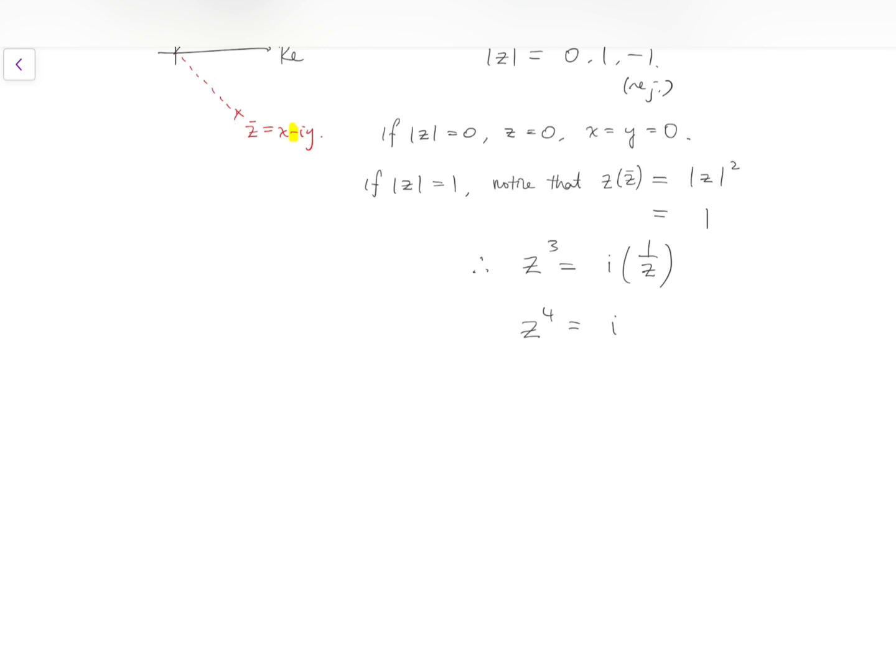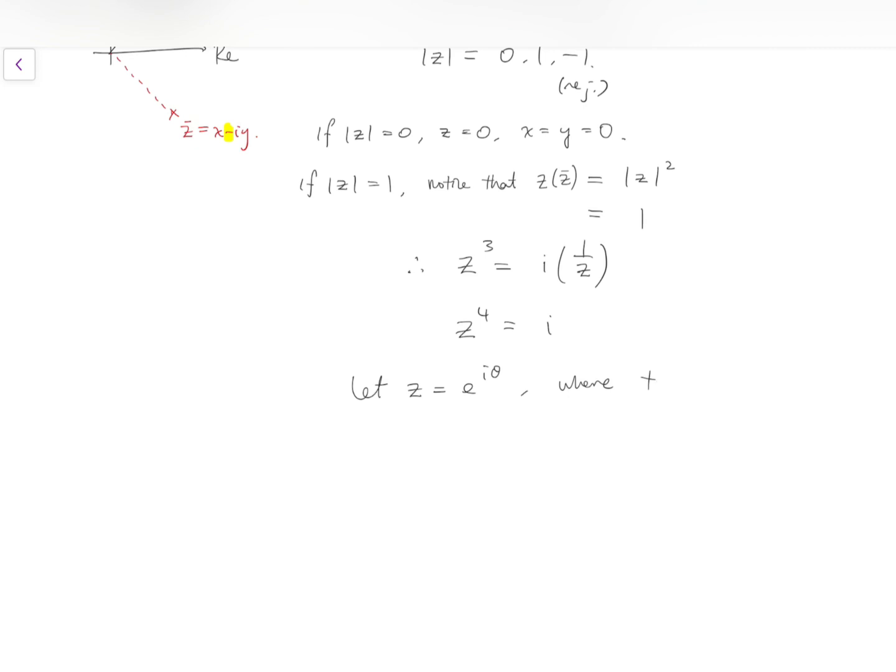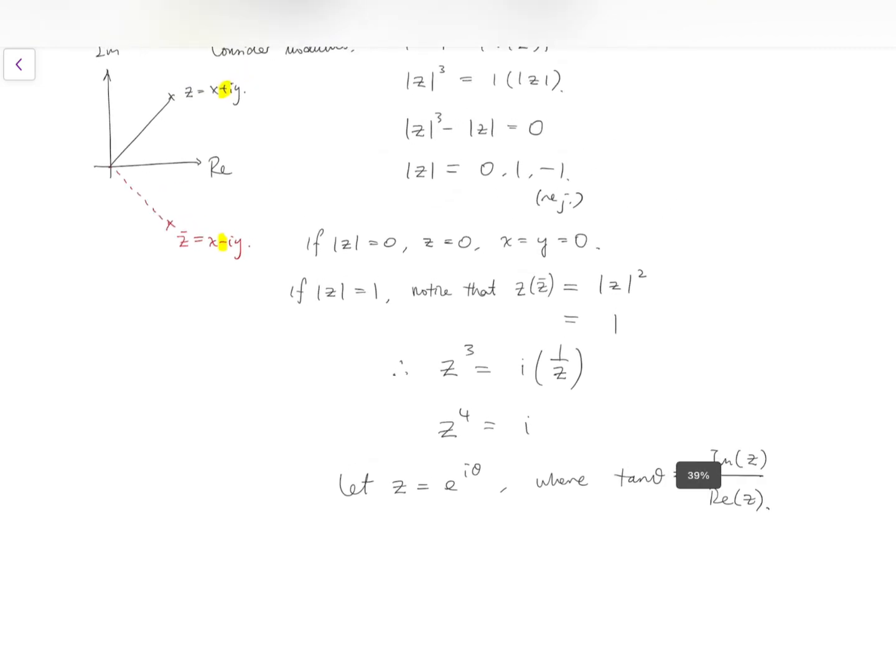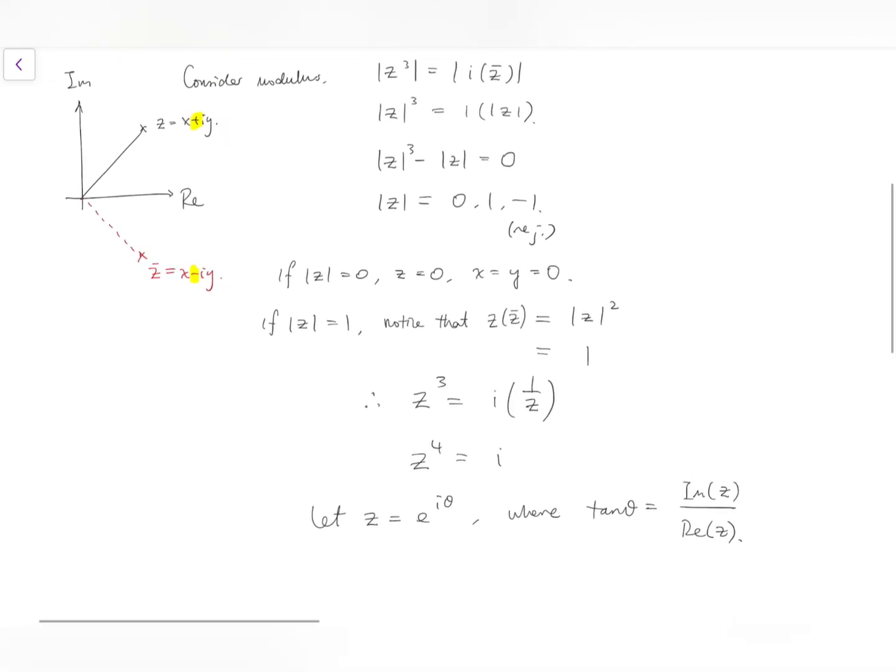Noting that this complex number z has modulus 1, I'll just let z be e to the power i theta, where theta is formally defined by tangent theta equals the imaginary part over the real part, but if we go back to the Argand diagram, it will be this angle.